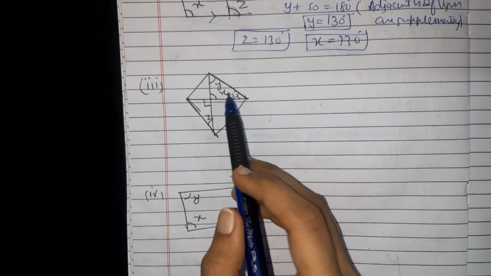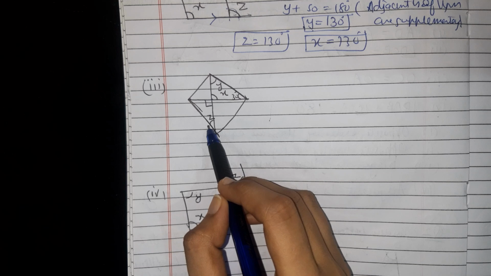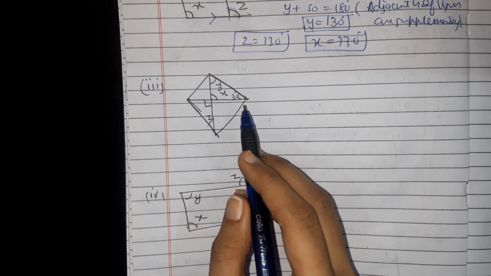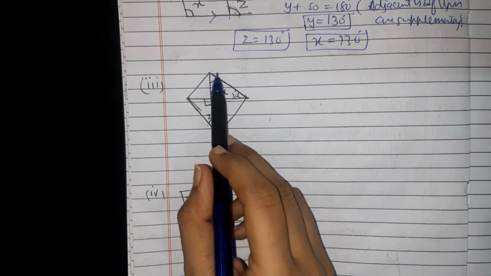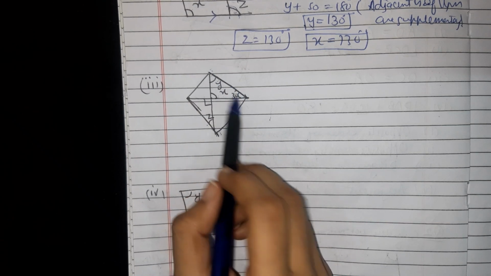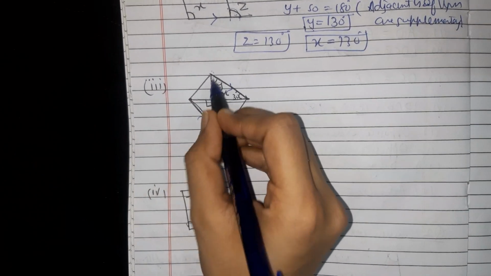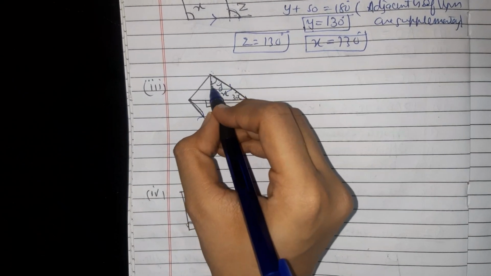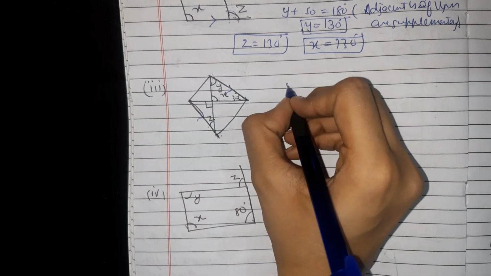So how can we find the value of x, y and z? Here we can see this side is parallel to this side because a rhombus is a parallelogram with all sides equal. So this side is parallel to this side, and this is a transversal. So angle y will be equal to angle z.